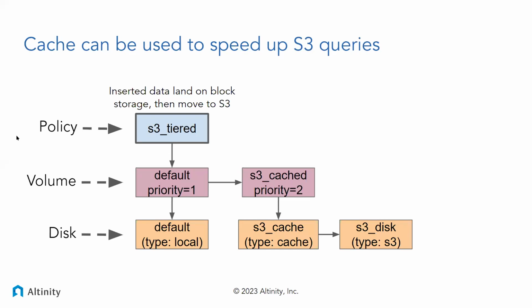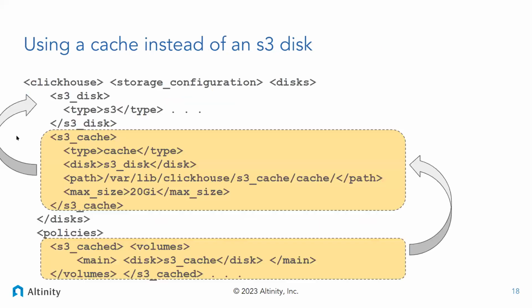So this kind of rounds out the interesting ways that you can set things up. And here's an example, once again, showing here's the cache device. You can see it's cache. You can see that it refers to the S3 disk. That's the disk tag, and then it has a path for where the cache is going to be located and a size.